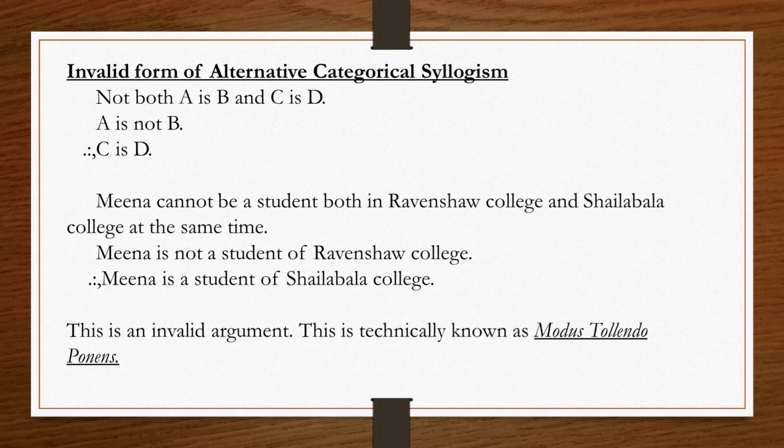Not both A is B and C is D. A is B is one alternative and C is D is another alternative.